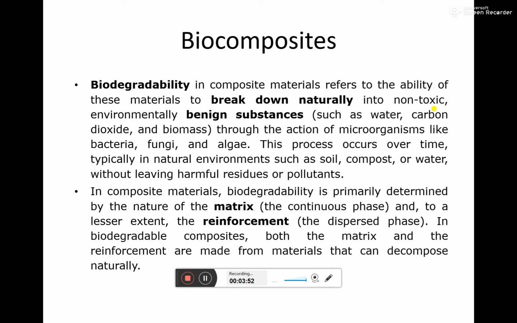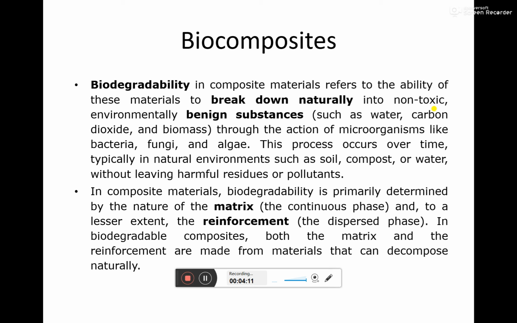I already mentioned that decomposing synthetic matrix materials or fibers into water, carbon dioxide, or biomass will take so many years.